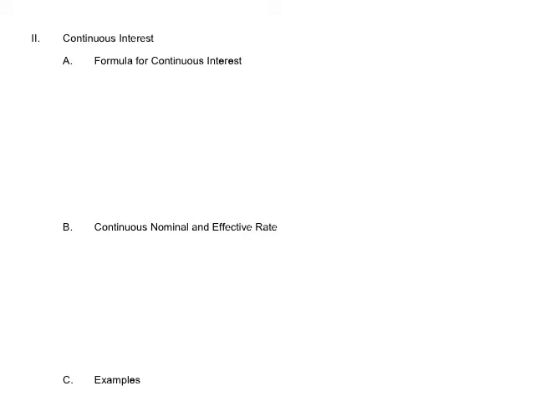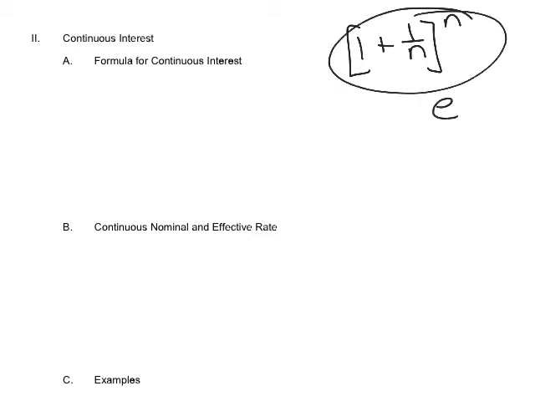Well, we can come up with a different formula for that, and it's based on what we talked about yesterday. Remember, if I take this expression, and as n goes to infinity, this turns into the number e. Well, if you look at this, this is a lot like our interest rate.